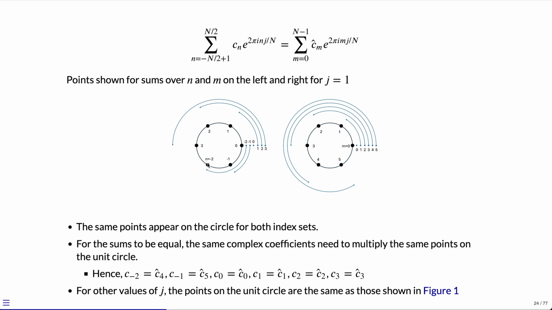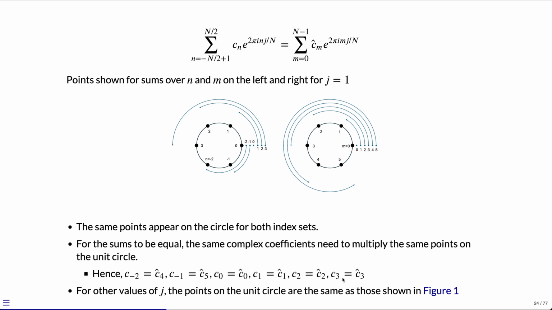So when you have minus 2, minus 1, 0, those correspond to 4, 5, 0, 1, 2, 3. So you have a direct correspondence between these. And for the sums to be the same, you need the coefficients to multiply the corresponding points. That means that C minus 2 is equal to C hat 4, and C minus 1 is C hat 5, and C0 is C hat 0, and C1, 2, and 3 are C hat 1, 2, and 3.